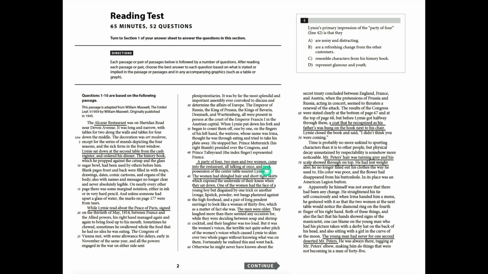In this particular case, we're going to have to read beyond line 42 to see what Limey's impression was.